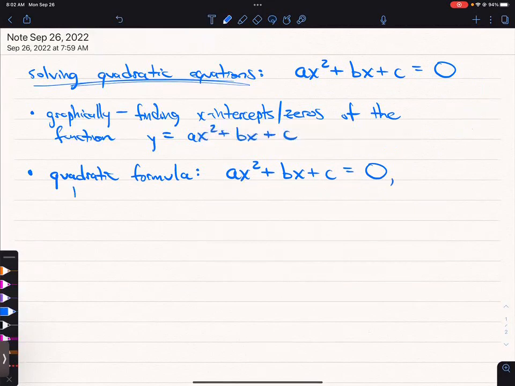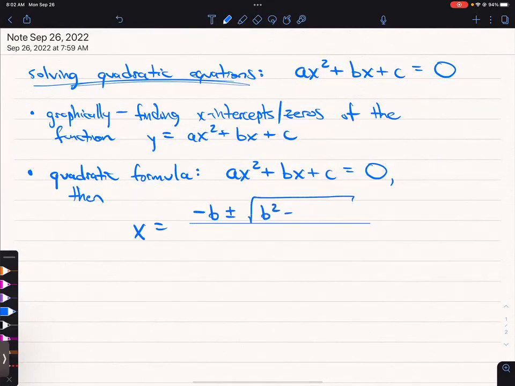If we're trying to solve that, then x is negative b plus or minus the square root of b squared minus 4ac, all over 2 times a. So you peel the coefficients off, you mush them together the right way, and as if by magic, it gives you solutions. Again, this is a provable thing. You can derive this formula.